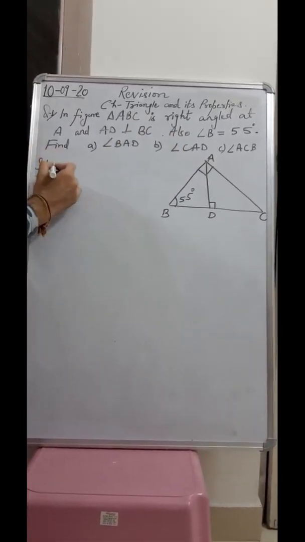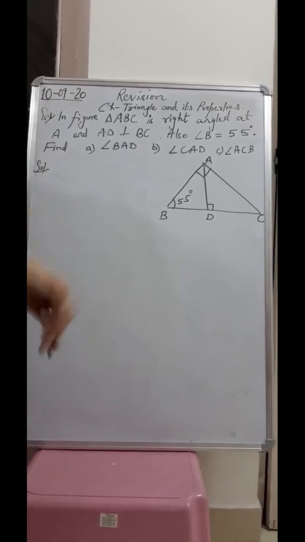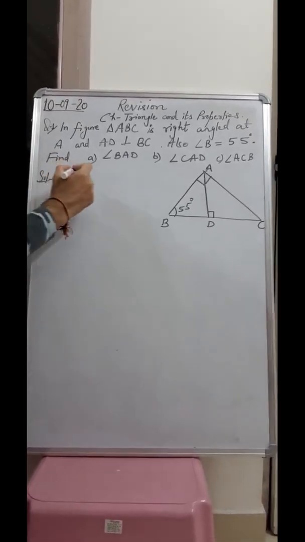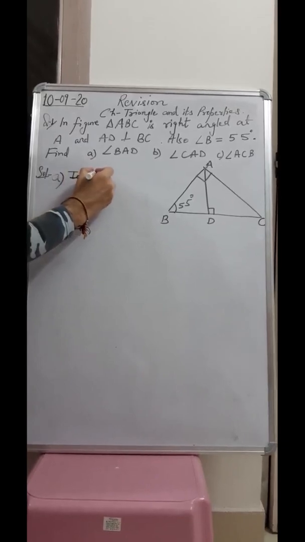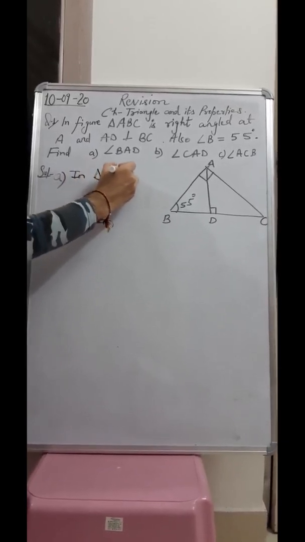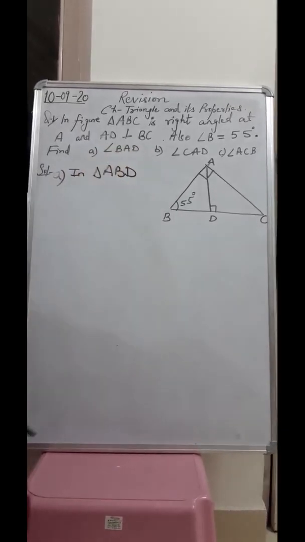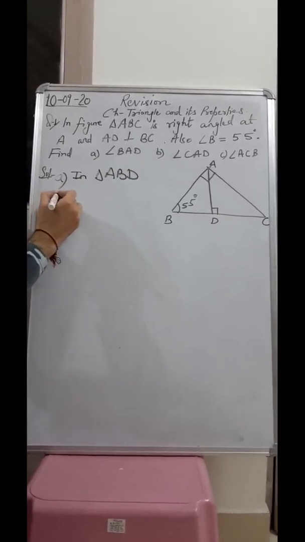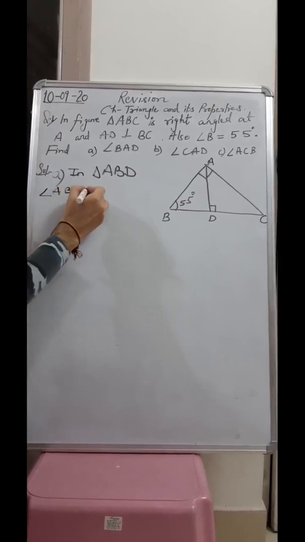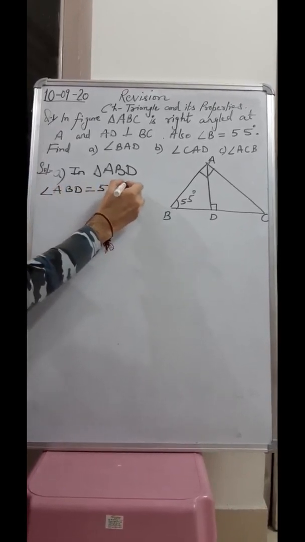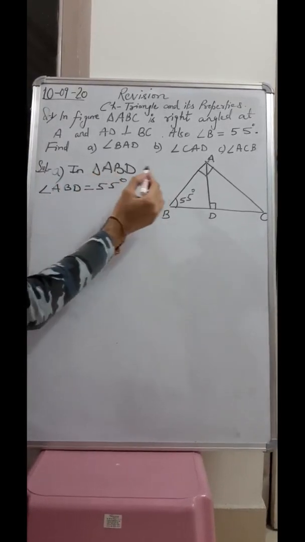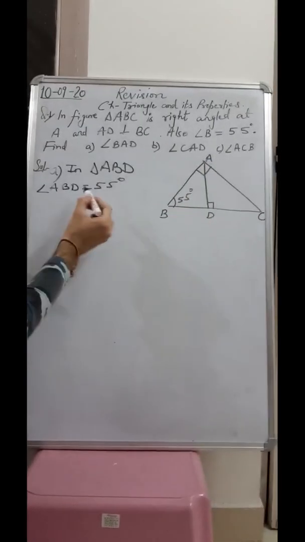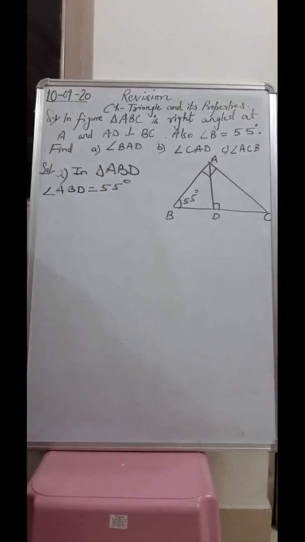So here, first part, in triangle ABD we have been given angle ABD as 55 degree. So here when we take triangle ABD, angle ABD is given to us, that is 55 degree.